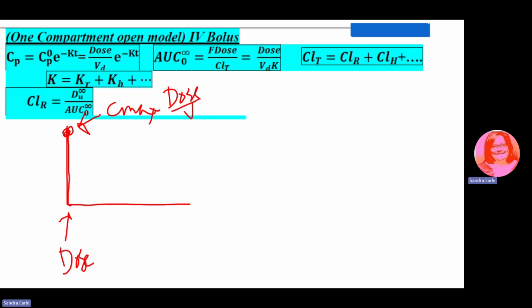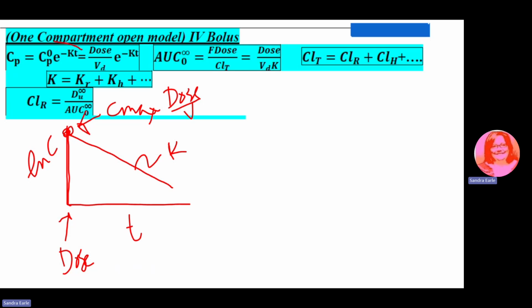We don't have to worry about the drug being eliminated. It just goes in, and that's it. And then it starts to decay at our elimination rate constant rate, and it will fall in a natural log concentration linear way if we have a one compartment linear model. It's our simplest situation.